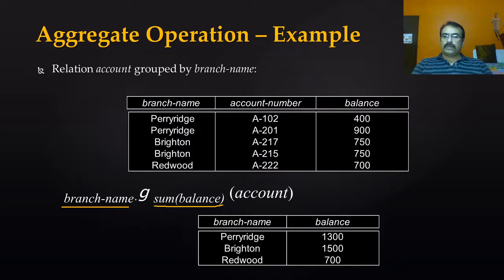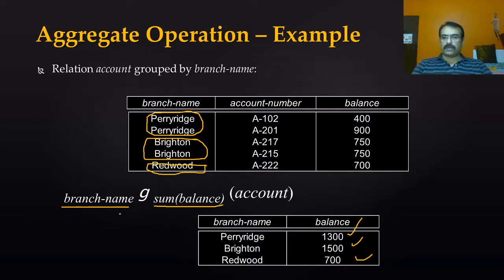So group by branch name, find out the sum of balances from the account. So Perryridge will be grouped, Brighton will be grouped, and Redwood will be grouped, so that individually their total balance will be printed. I don't need to tell what kind of output is going to be produced.